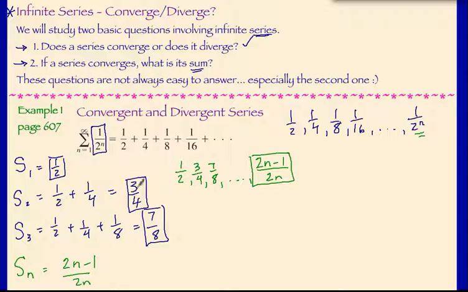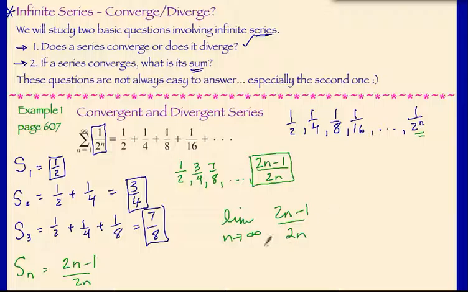Now that we're summing things up and looking at that as a sequence, we can once again take the limit as n approaches infinity of (2^n minus 1) over 2^n to see if this general term of this sequence converges.